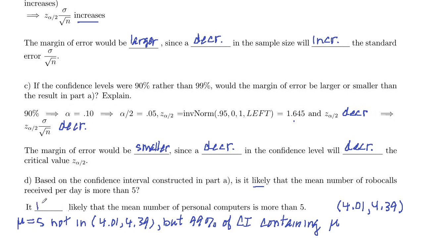So it is not likely that the mean is 5 because it's outside that interval, right? If you draw the picture here, we've got 4.01 up to 4.39, and then 5 is up here. It's outside the interval. Well, 99% of these intervals contain the population mean, so it's not likely that that's the population mean.